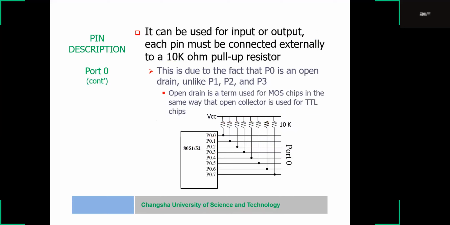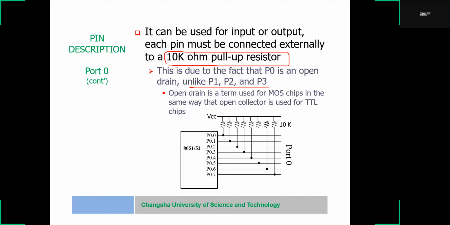Port 0 can be used for input or output. Each pin must be connected externally to a 10K ohm pull-up resistor. This is due to the fact that P0 is an open drain, unlike P1, P2, and P3.